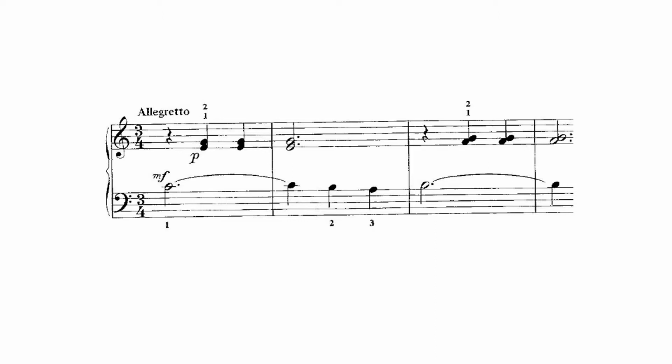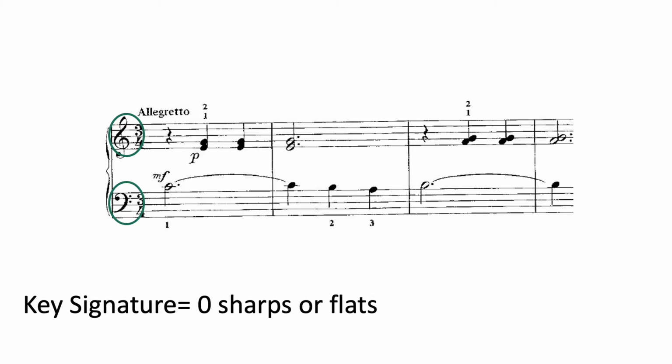If we take a look at this piece of music, we notice that there are no sharps or flats in the key signature. There's nothing between the clef and the meter. So we have a key signature that has 0 sharps or flats. We need to think of a scale that also has 0 sharps or flats. Which one is that?